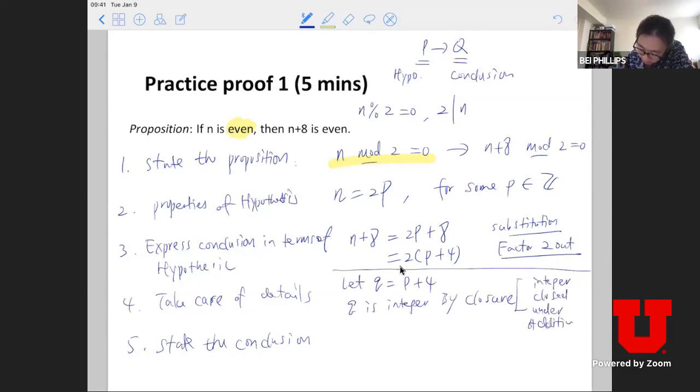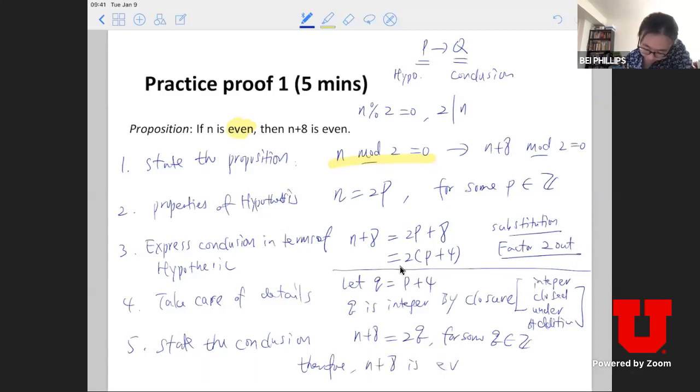Because p is an integer, p plus 4 is an integer. Q is equal to p plus 4, then q is an integer. Therefore, n plus 8 is equal to 2 times q for some q that is an integer. Therefore, which is the last step, n plus 8 is even.